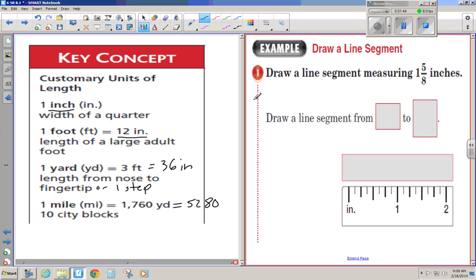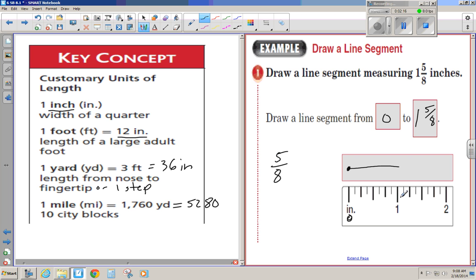So, draw a line segment measuring 1 5/8 of an inch. So draw a line segment from 0 to 1 5/8. So basically what you're doing is you're starting at 0. This is 0 inches. And you're going to draw a line. And here we are at 1. So now we look at the 5/8.